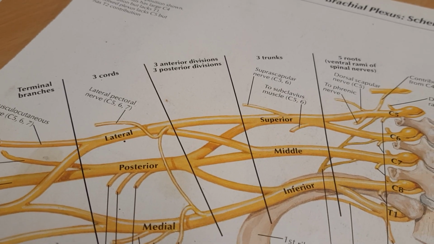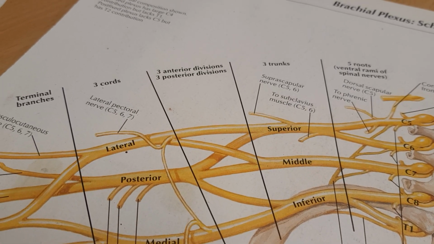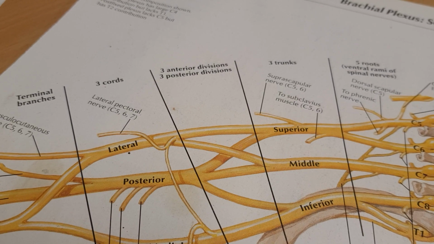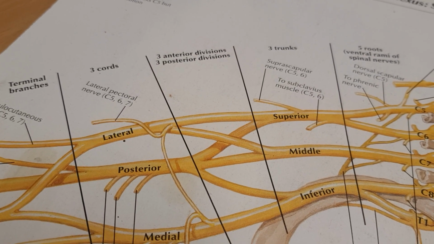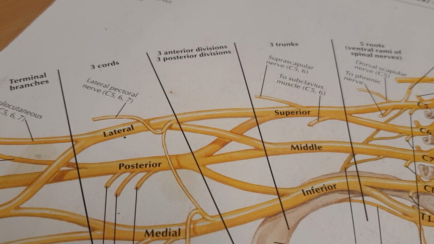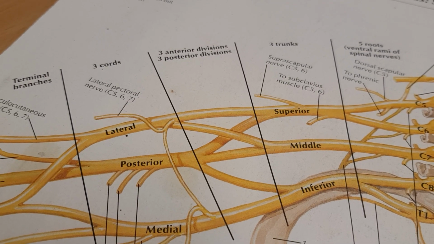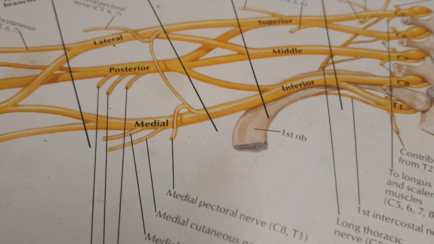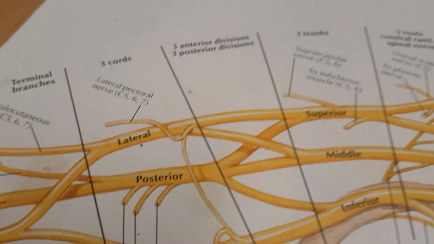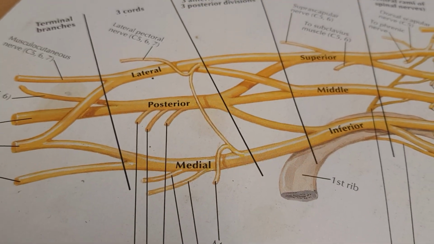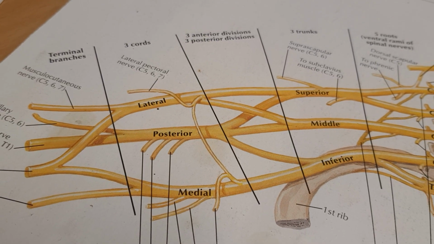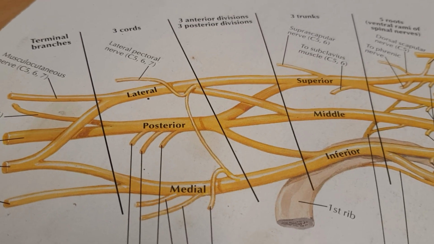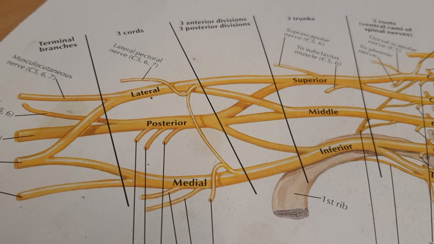Remember, all the posterior divisions come together to make the posterior cord, which means that is the part that will supply the posterior part of the upper limb. Right, before we follow them to the terminal branches, let's have a look and see what branches we get from the cords, because there are a number of them. But we'll try to explain it so that you understand it.